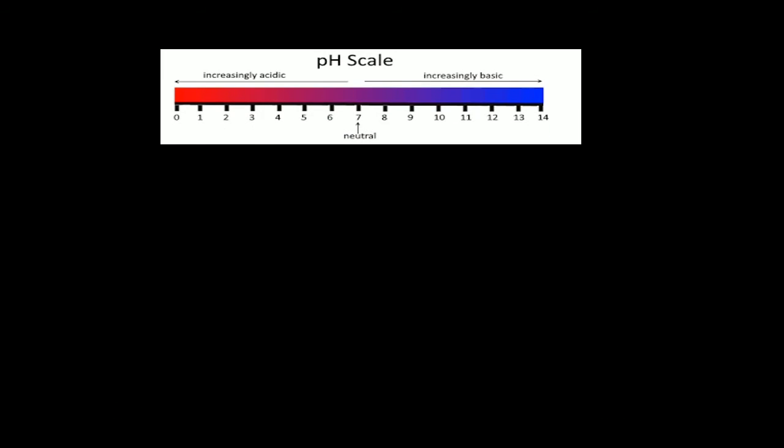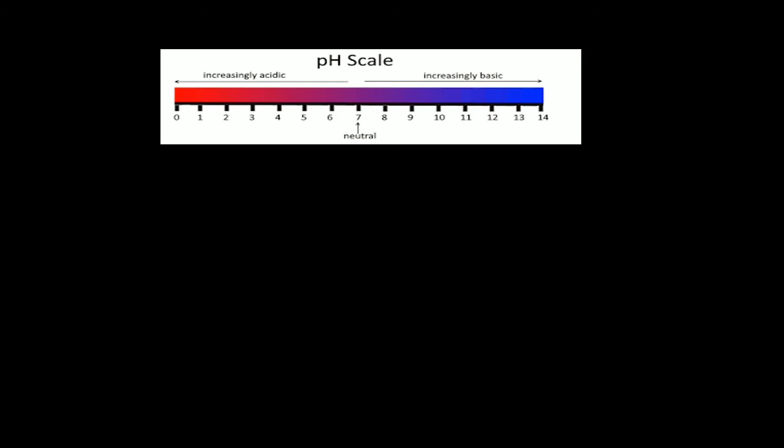This is the picture of the pH scale. As I told you, Sorensen gave numbers from 0 to 14 on the pH scale, and pH has an inverse relationship with H+ ion concentration.